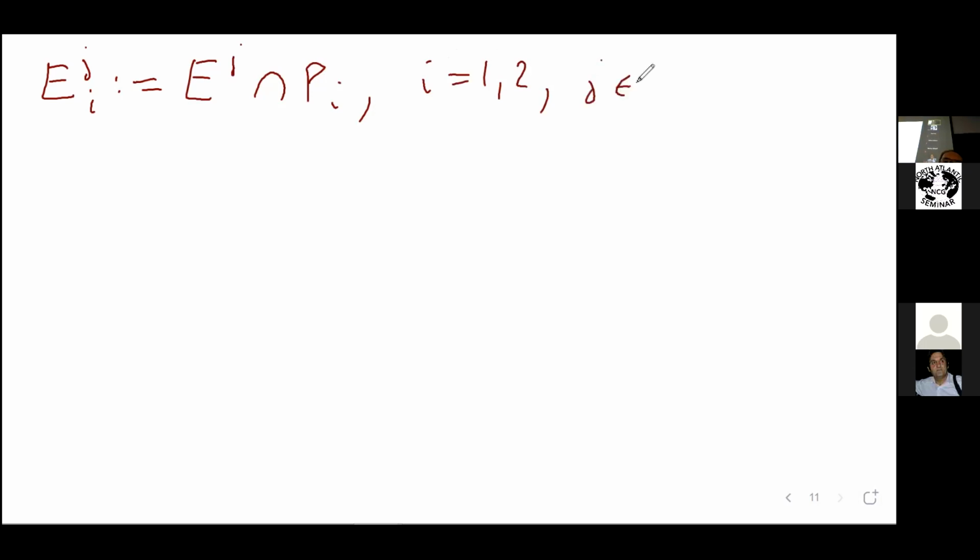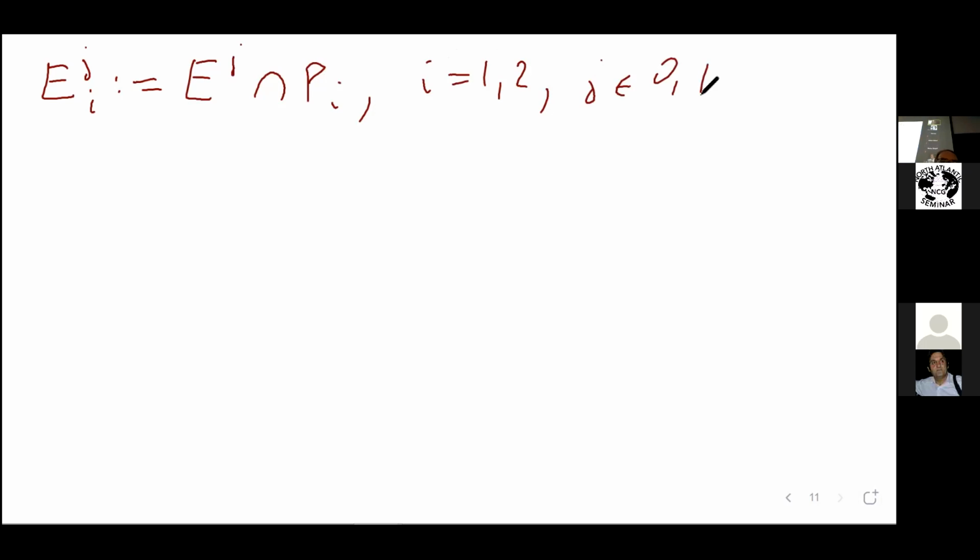Okay, and now I'm going to do the following definition. This is important. I define E^j_i as E^j intersect P_i, where i equals 1, 2, and j equals 0, 1.